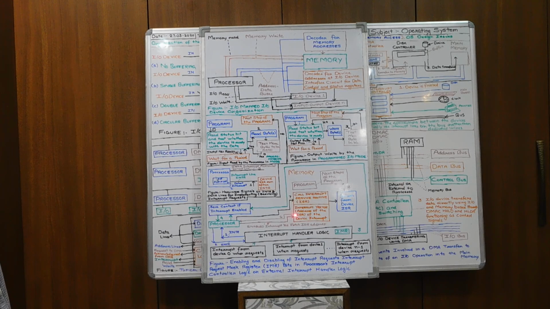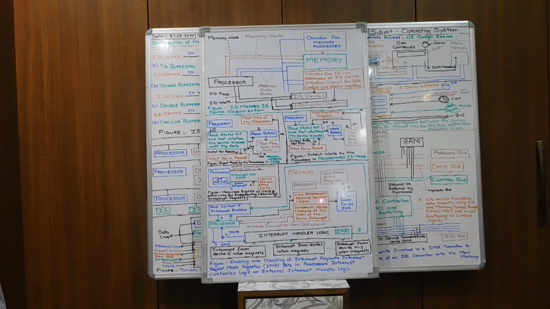So in step number 5, we get to the interrupt vector table, we have the address of the ISR, and the processor is informed of that. Then the processor is going to make a call to the interrupt service routine.